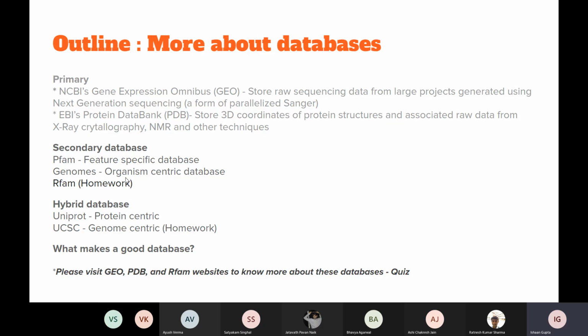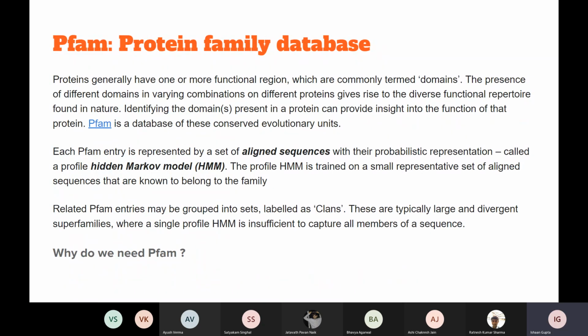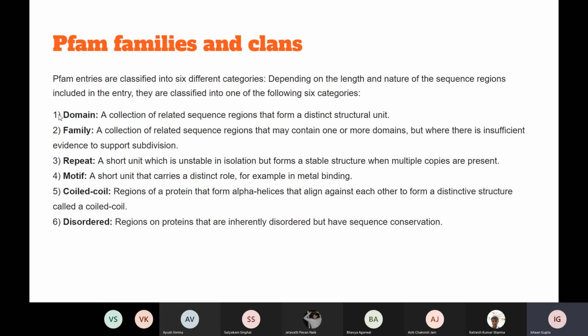So yes, last time we talked about Pfam, which is a feature-specific database. Feature-centric here being essentially protein features, and protein features start all the way from domains, which is the smallest conserved sequence feature that forms a distinct structural unit in a protein, all the way to a family.